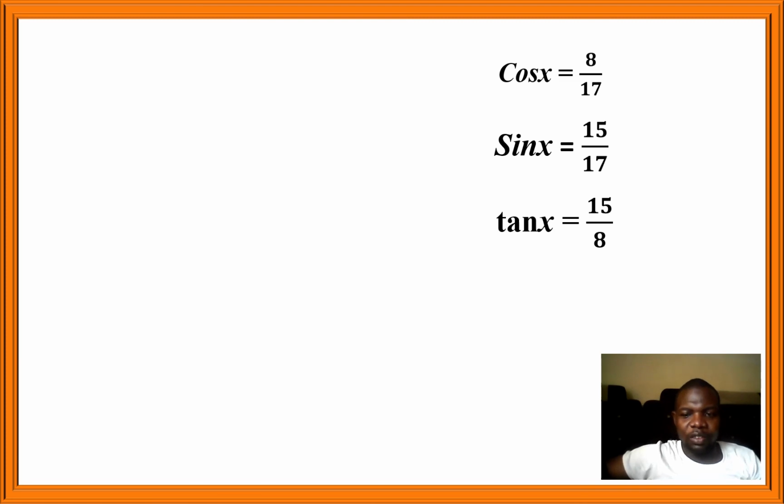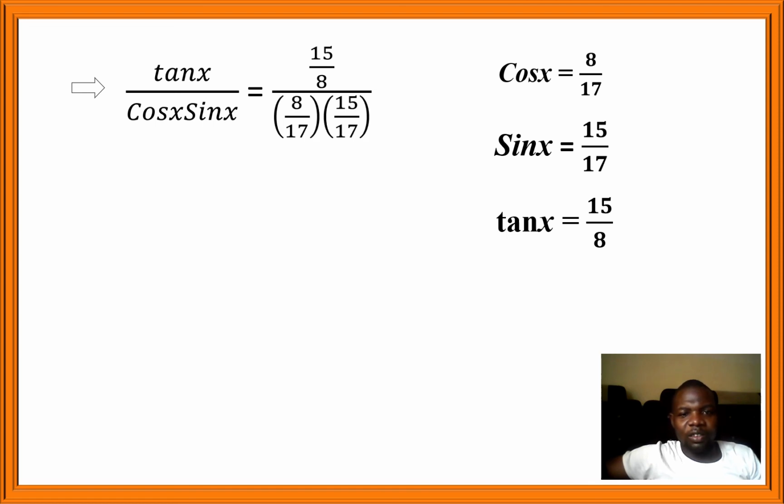Since we now know that cos of x is 8 over 17, sine of x is 15 over 17, and that of tan of x is 15 over 8, it implies that tan of x over cos of x sine of x will be equal to 15 over 8 over 8 over 17 multiplied by 15 over 17.